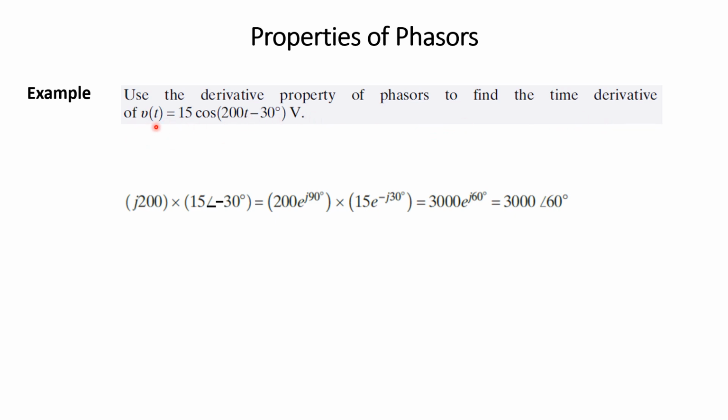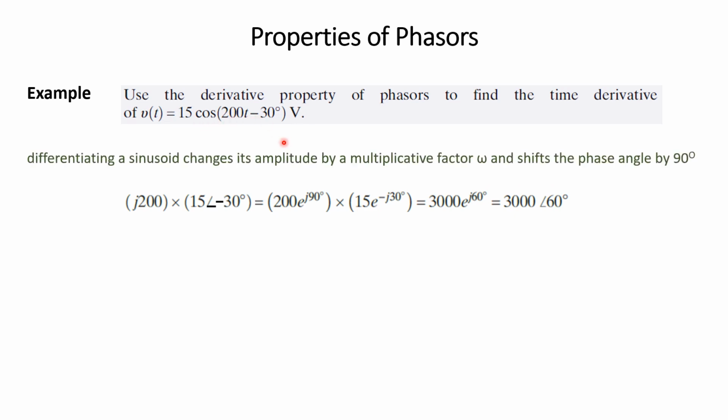Note that we can differentiate this voltage expressed in the time domain directly, but now we will use the derivative property of phasors. In the derivative property, the phasor representation of the original voltage is multiplied by omega, and the angle is shifted by 90 degrees, as you know from before.